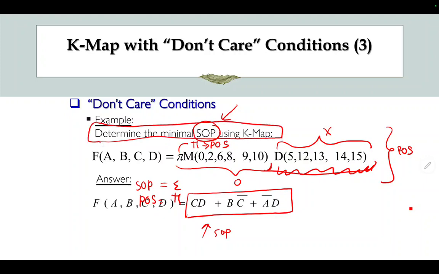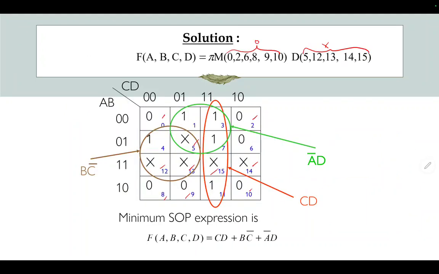So they want you to answer for SOP. For SOP, you have to do a grouping for SOP. The rest of the 0 and X will be number 1. So grouping number 1: you do a grouping here, black for 1, green for number 2, and then red for number 3. For number 1, you read here and here, here and here, so you got B, C bar.